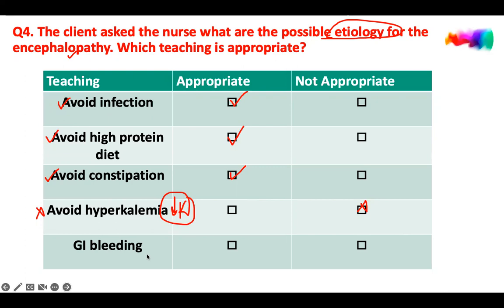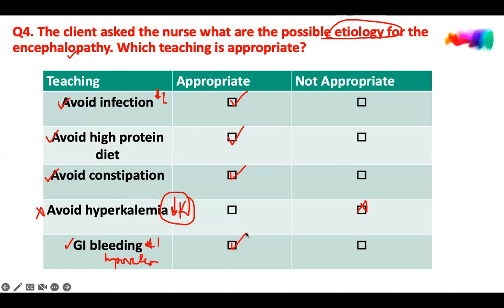GI bleeding. When you bleed, bleeding is almost the number one cause of encephalopathy, followed by, I think, infection. Any patient with end-stage liver disease, you should avoid GI bleed. Whenever they have a GI bleed, they develop encephalopathy because of the excess ammonia buildup that will happen, and the hypovolemia caused by bleeding.